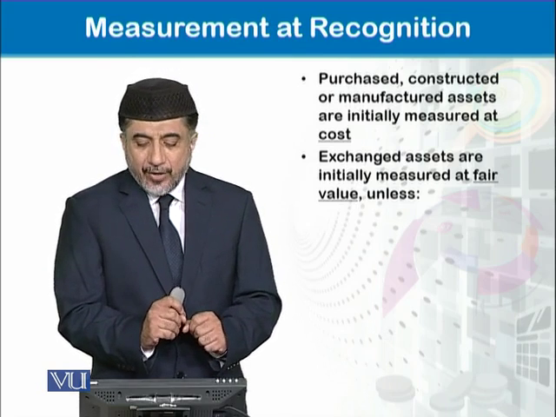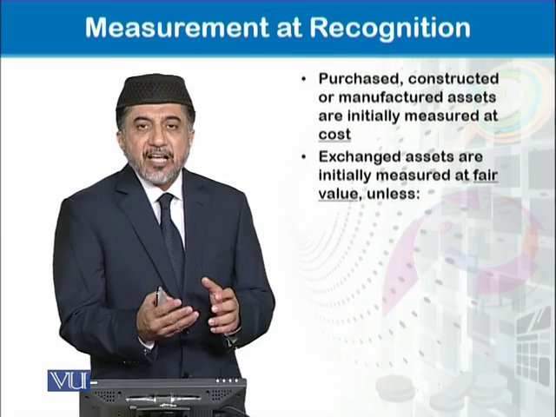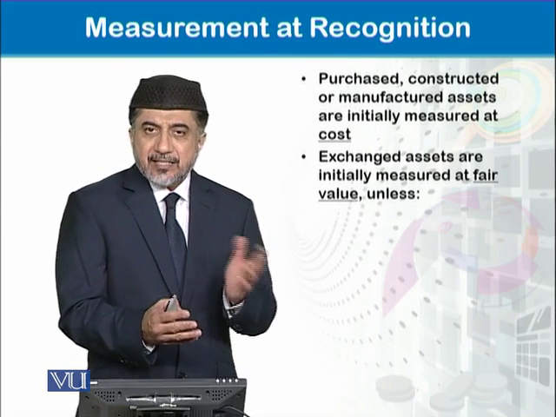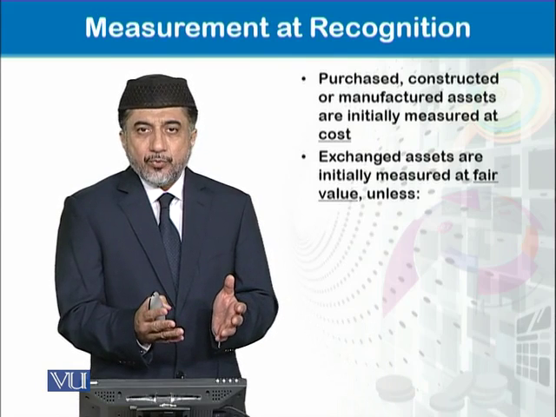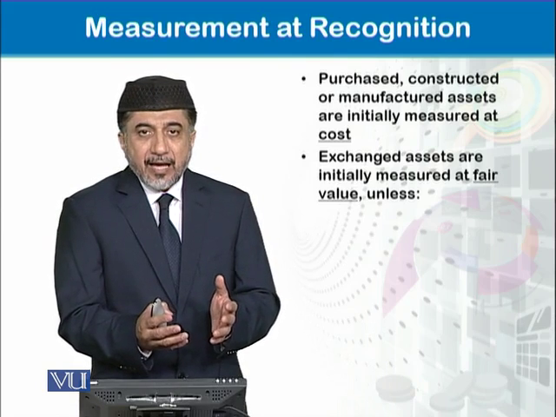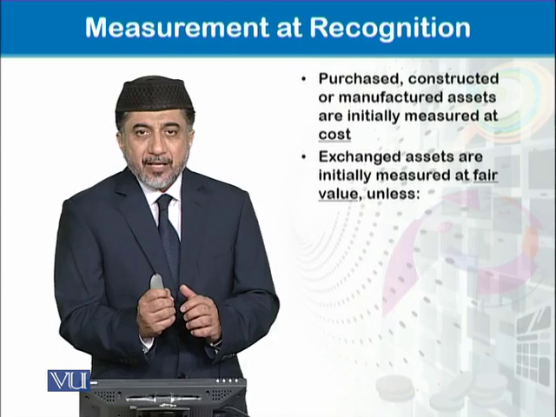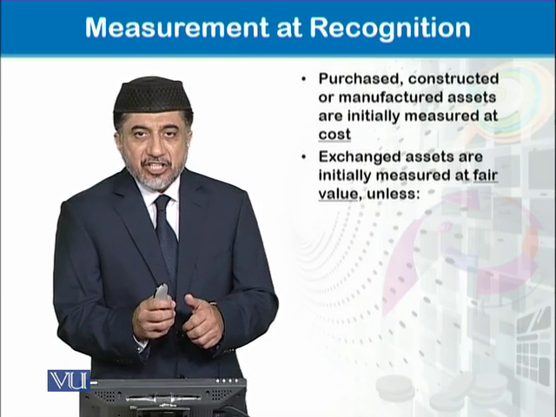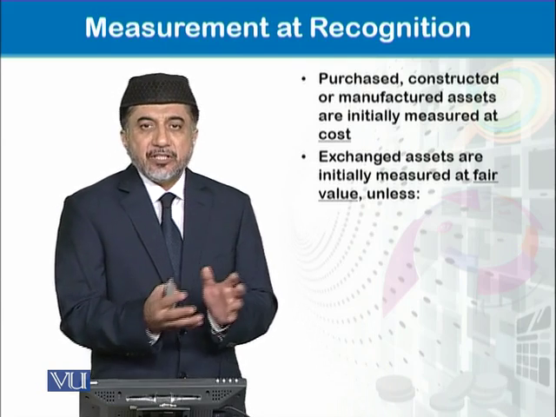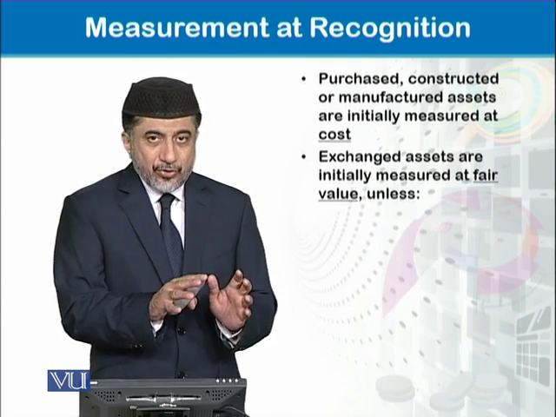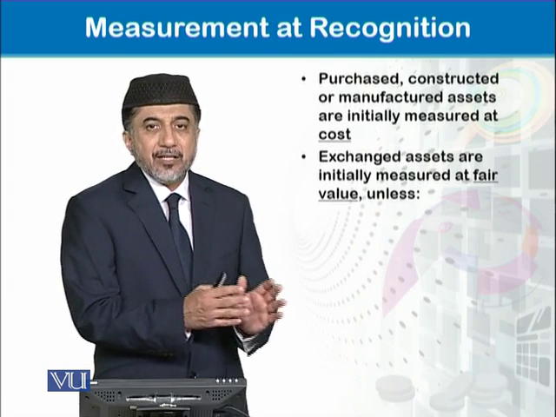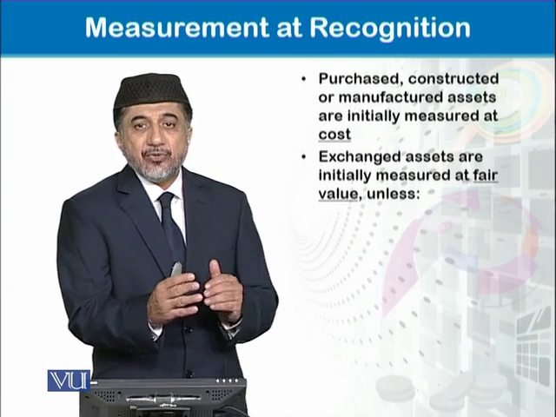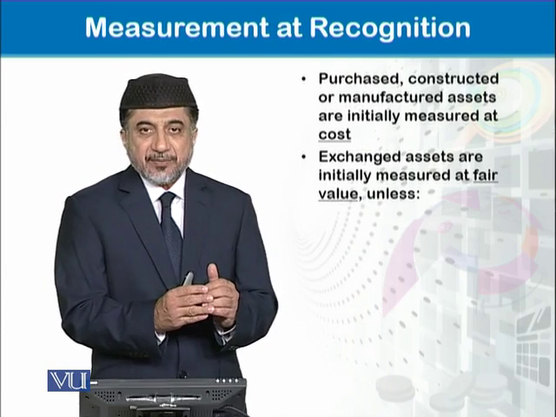And when we are exchanging an asset against another asset, like you want to buy an air conditioner by exchanging your computers, so you are getting air conditioners by giving computers, this is known as an exchange transaction.